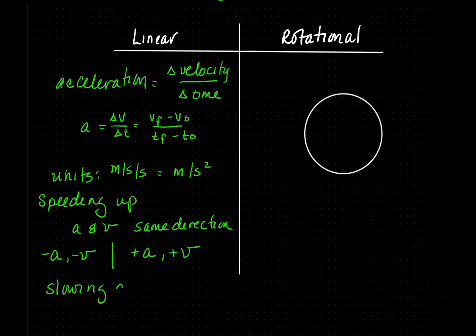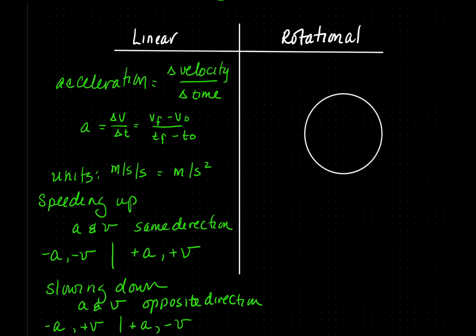When they're slowing down, the acceleration and velocity must be in the opposite direction. So if acceleration is in the negative direction, velocity must be in the positive direction. If the acceleration is in the positive direction, then the velocity must be in the negative direction.